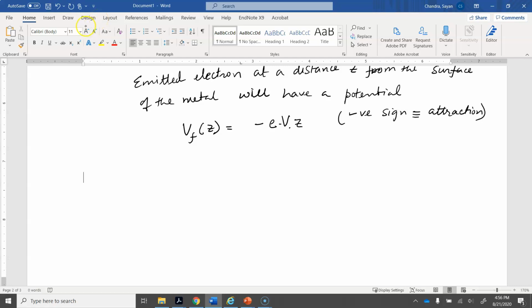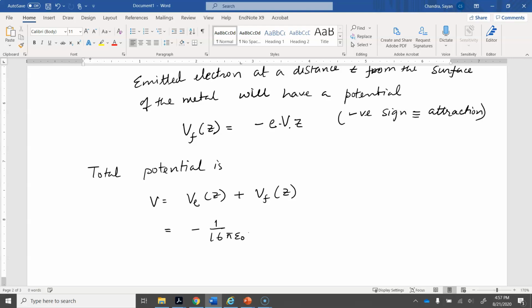The total potential is V, which is a sum of the two potentials we have been discussing, which is given by minus 1 over 16 pi epsilon naught z, and this is e squared, minus eV times z. Both are attractive forces, so both are negative.